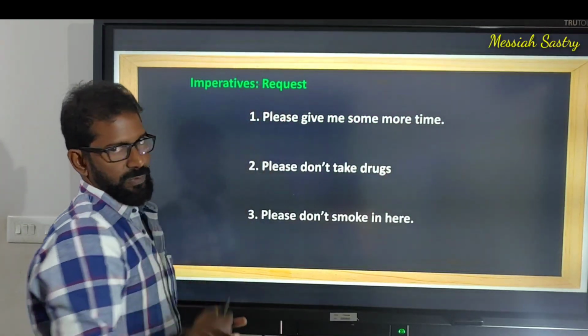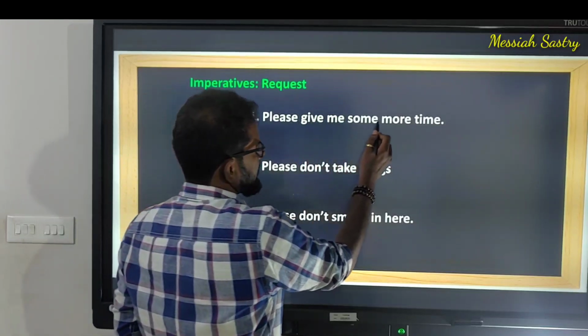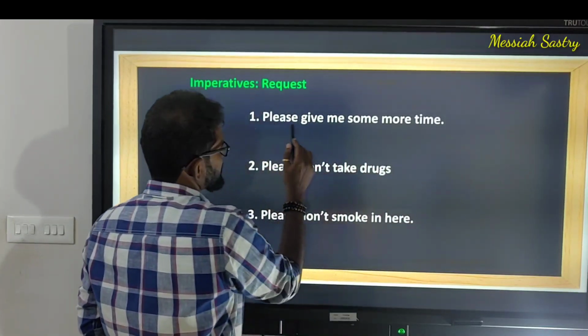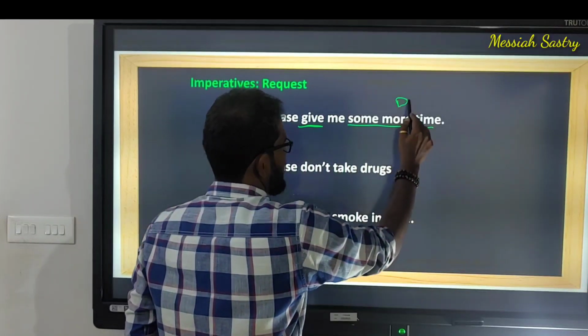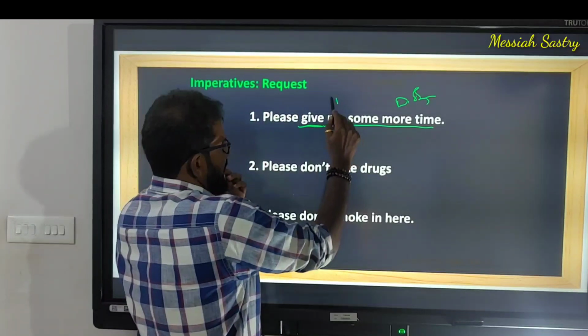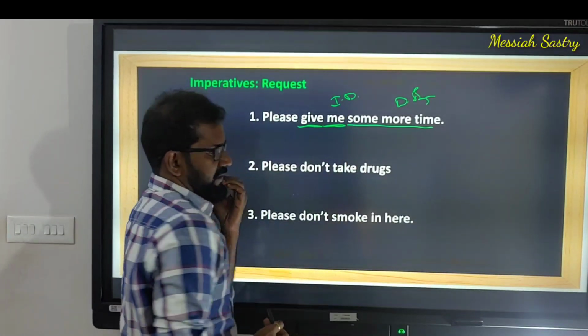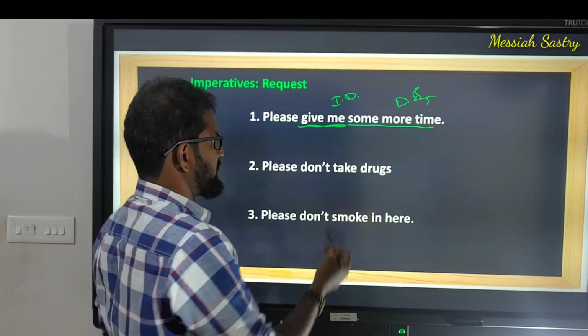Now imperative request. Please give me some more time. Give what? Some more time, direct object. Give to whom? Me, indirect object. So we have two objects here. Then we have two possible ways of writing the answer.